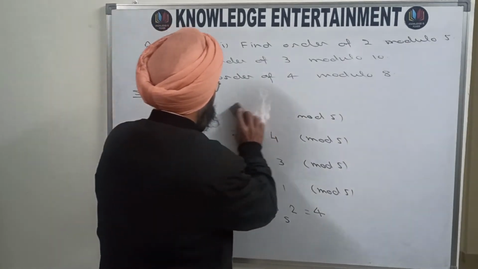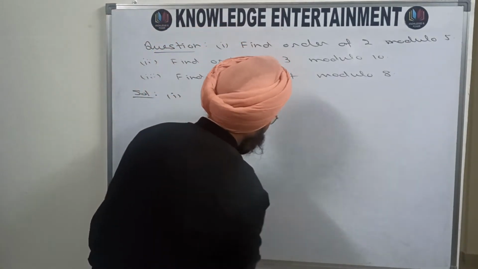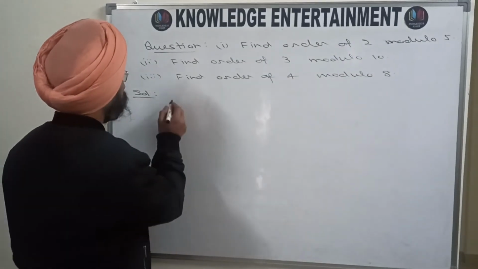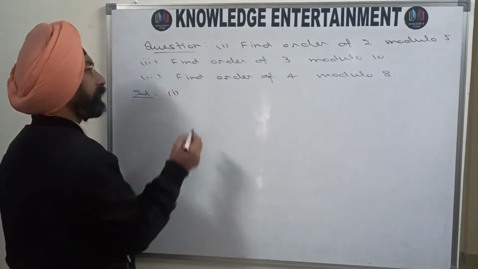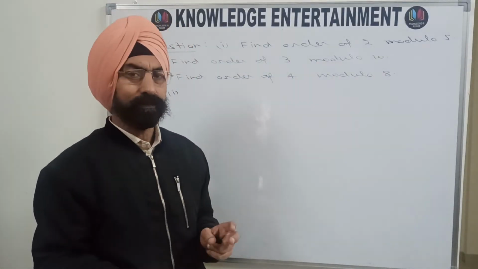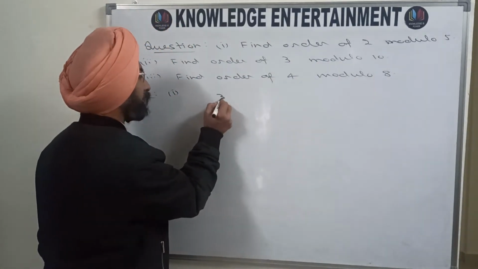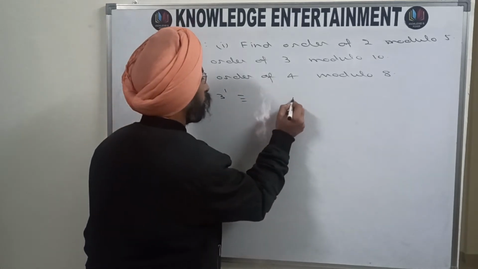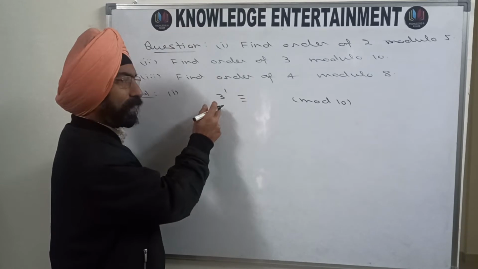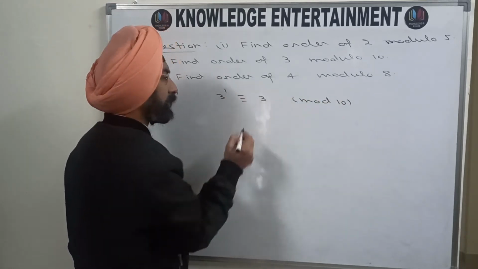Let us move ahead on to the second example. Let us see what happens in the second one. Now we have to find the order of 3 modulo 10. The procedure is the same. You start with 3 raised to the power 1 congruent to something modulo 10, and since 3 raised to power 1 is 3, less than 10, it is congruent to itself.